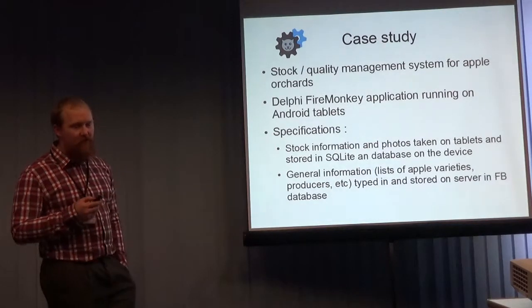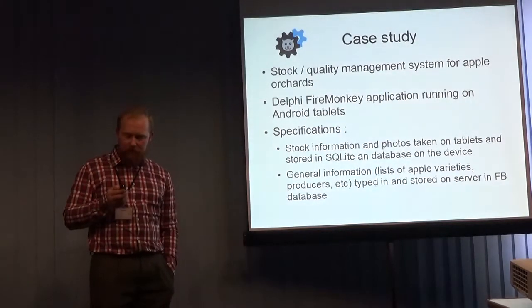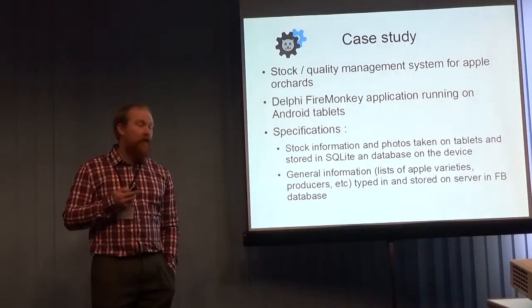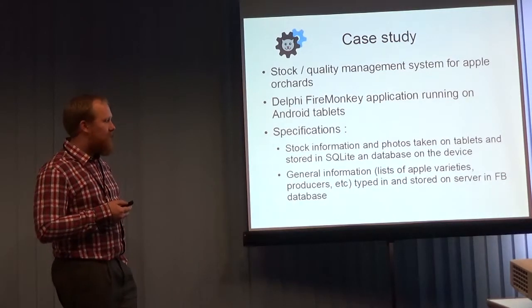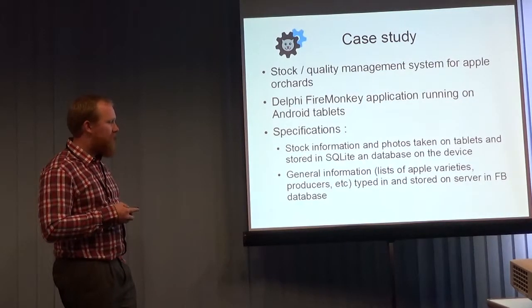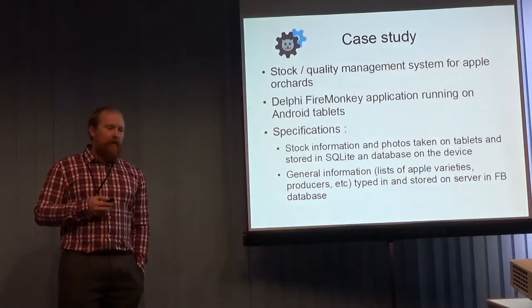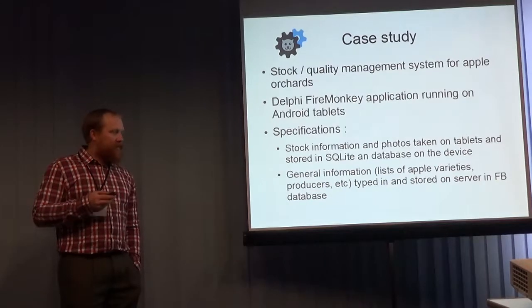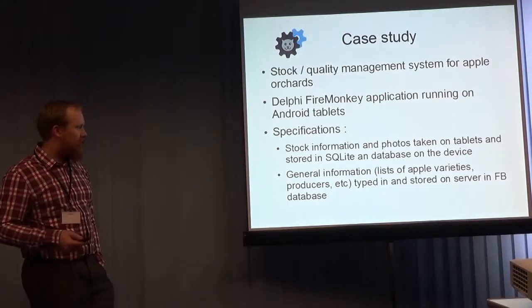The customer in question already has another application we developed, which uses the Firebird database on the server, and they have various information like a list of apple varieties, producers, etc. On the tablet, they need information like that to come down from the server.